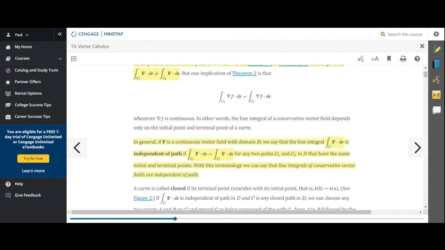So if I go to the whiteboard, let's say I have a point A and a point B, and this is my path from point A to point B. And I'm acting in the gravitational field.